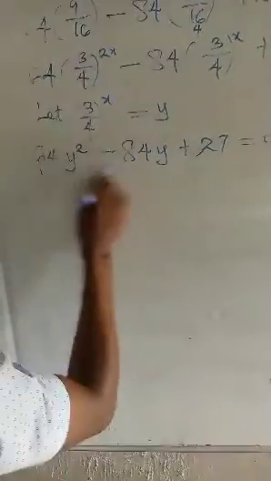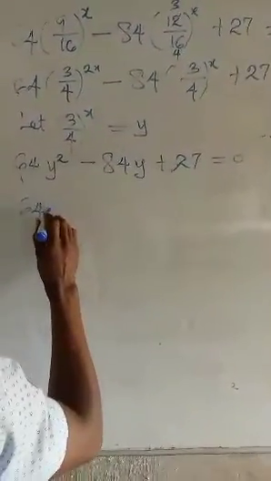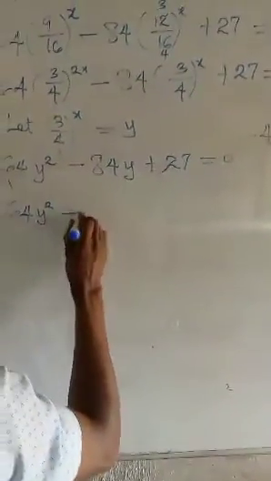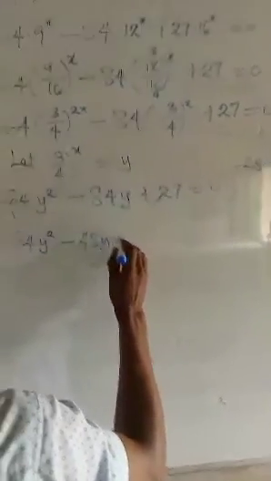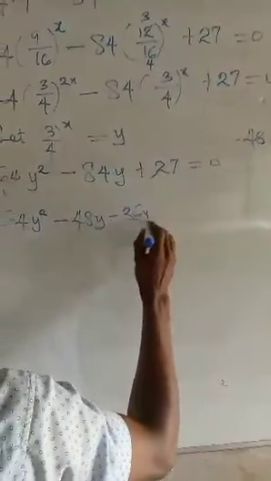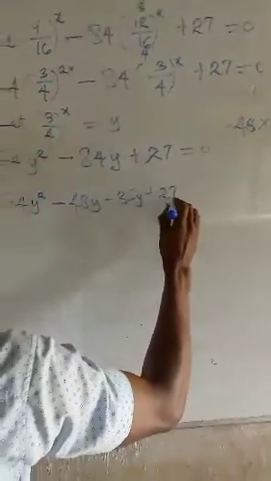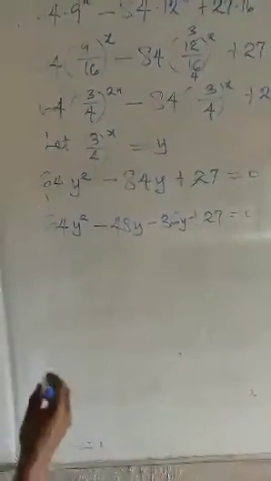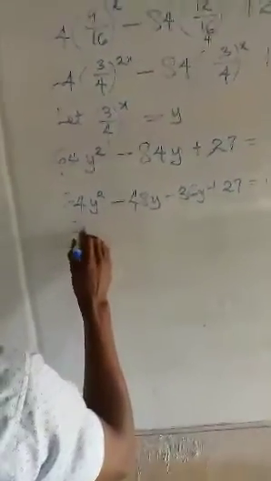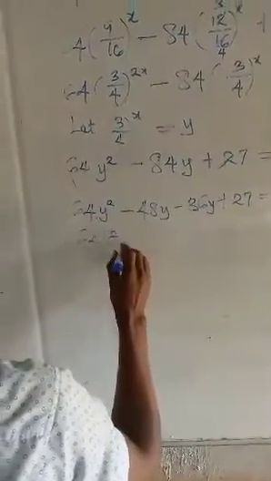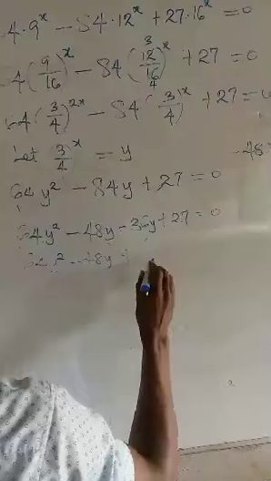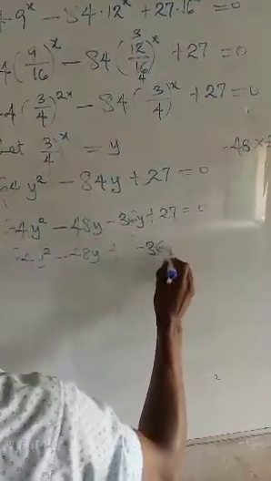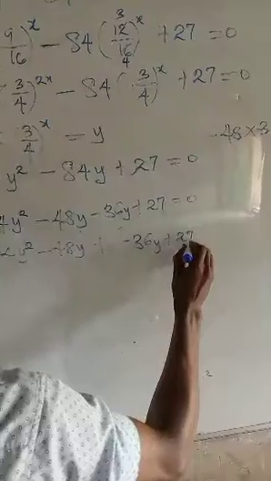So we're going to rewrite this as 64 y squared minus 48 y minus 36 y plus 27 equal to 0. So let's factor out. So what is common here?